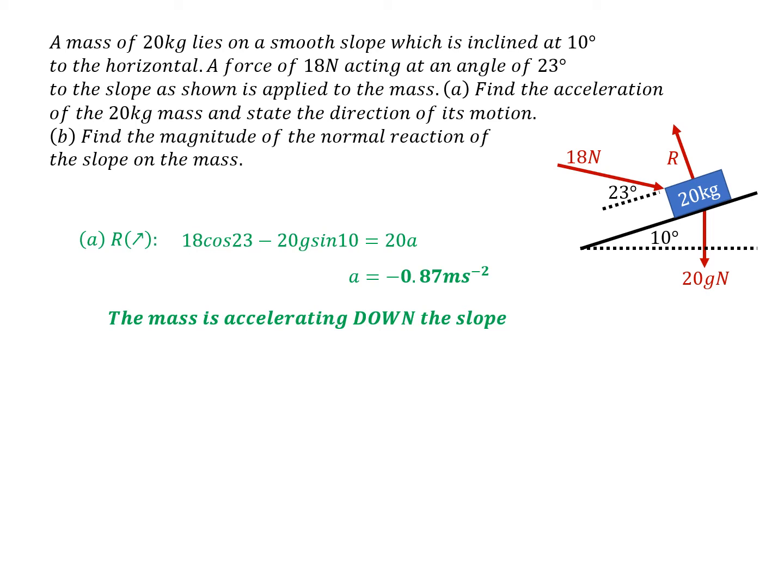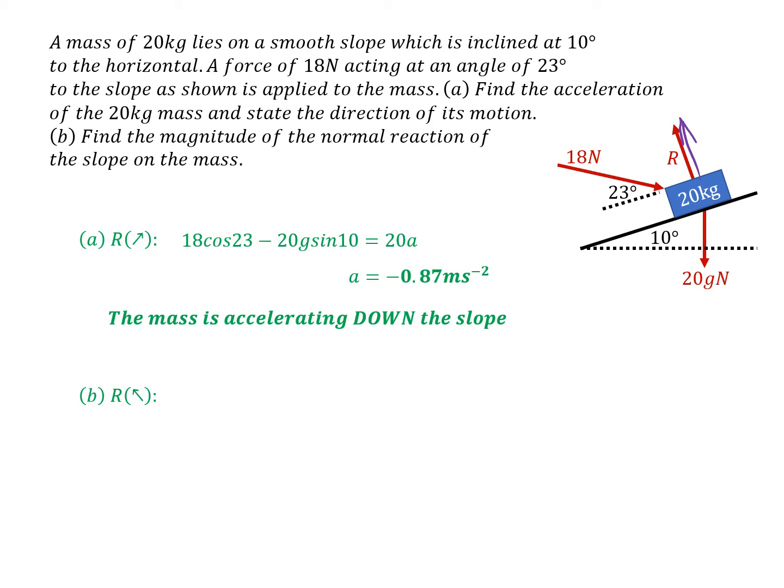Okay, what about part B now? The magnitude of the normal reaction. For this, what I need to do is resolve perpendicular to the plane. Now all three forces have got a component perpendicular to the plane. We've got the normal reaction, which is already perpendicular to the plane.